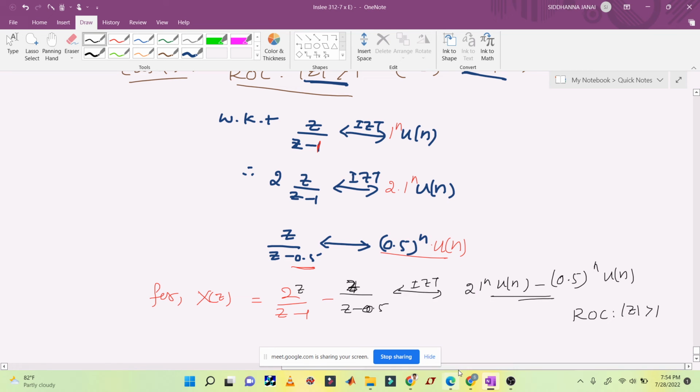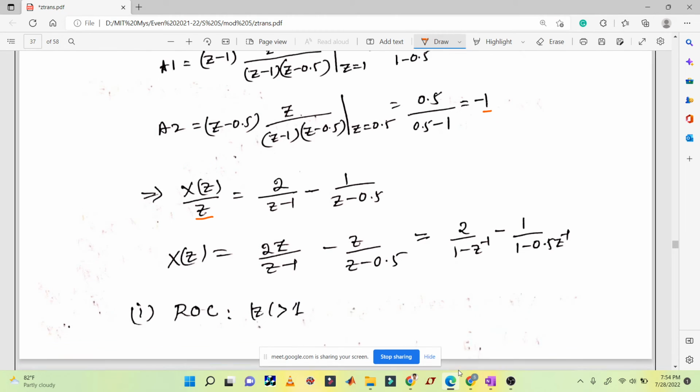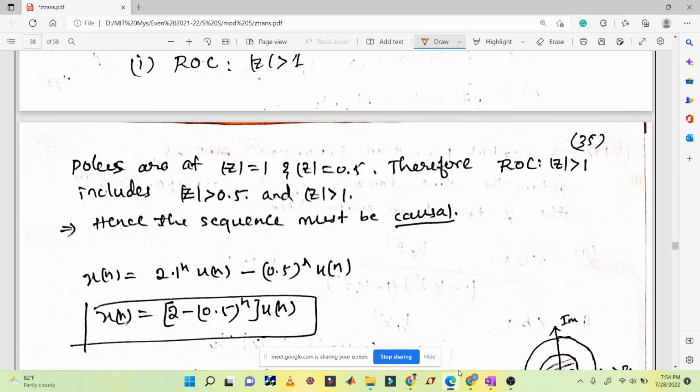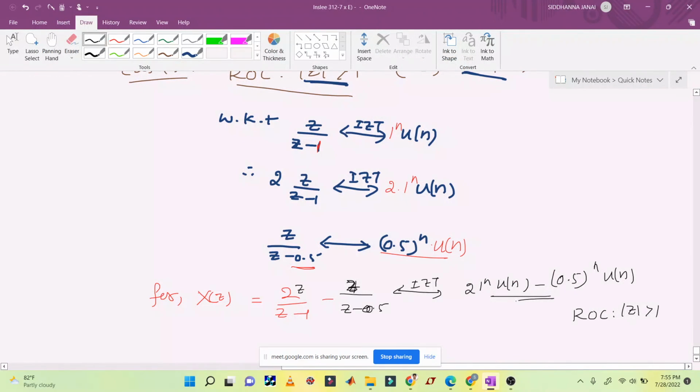Okay, so let us look at the answer. Yes, it's correct. You can take u of n as common and rewrite the equation. That's it. Or if you write as it is also, it is fine.